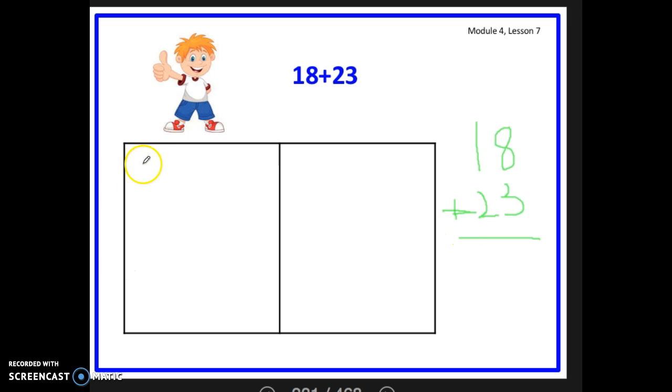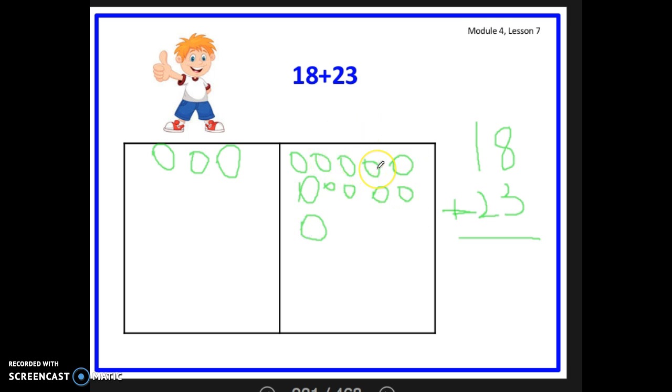Okay, now we're going to build 18: 10, 11, 12, 13, 14, 15, 16, 17, and 18. Now we're going to build that 23: 10, 20, 21, 22, and 23.